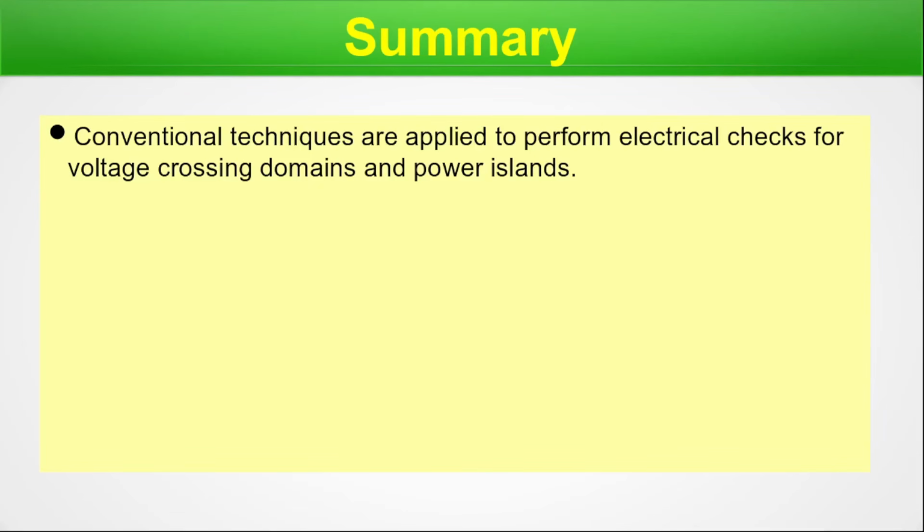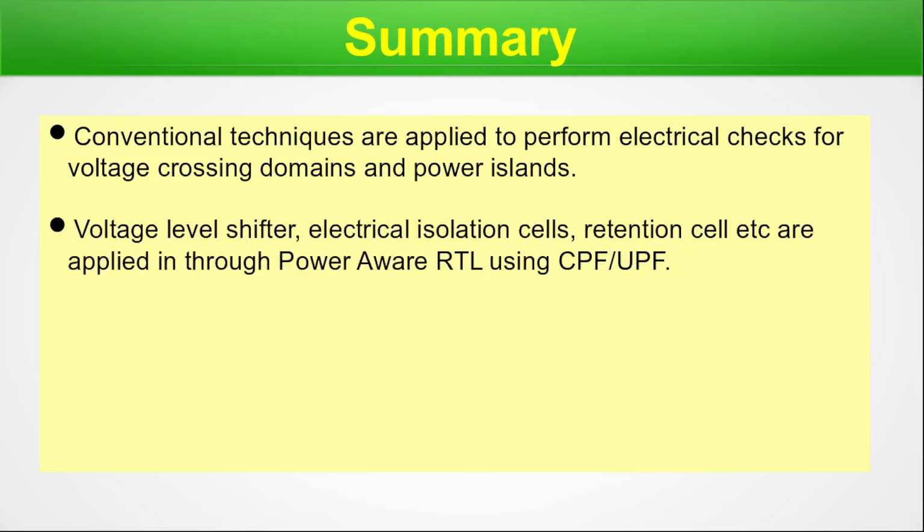Summary. Let us summarize whatever we have learned so far in this episode. Conventional techniques are applied to perform electrical checks for voltage crossing domains and power islands: voltage level shifter, electrical isolation cell, retention cell, etc. The special standard cells are applied through power aware RTL using PPF or UPF language.